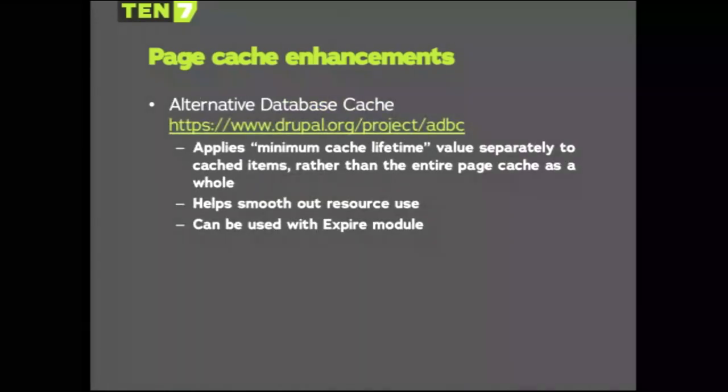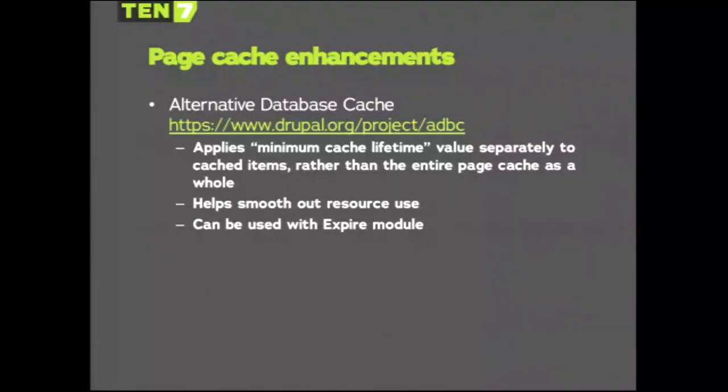There's additionally an alternative database cache module, which is a variation on the minimum cache lifetime concept that applies per item in the cache rather than for the entire page cache. So that rather than having an hour where the entire page cache stays in memory before it's flushed, each individual page in the cache has that 60-minute minimum cache lifetime and can be cleared out individually rather than all at once.